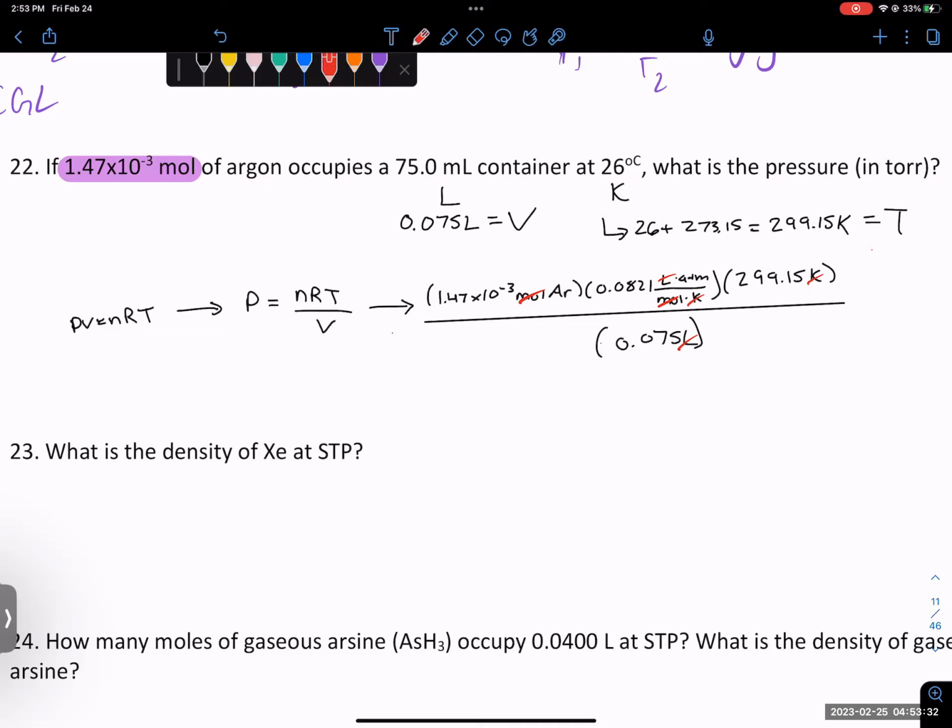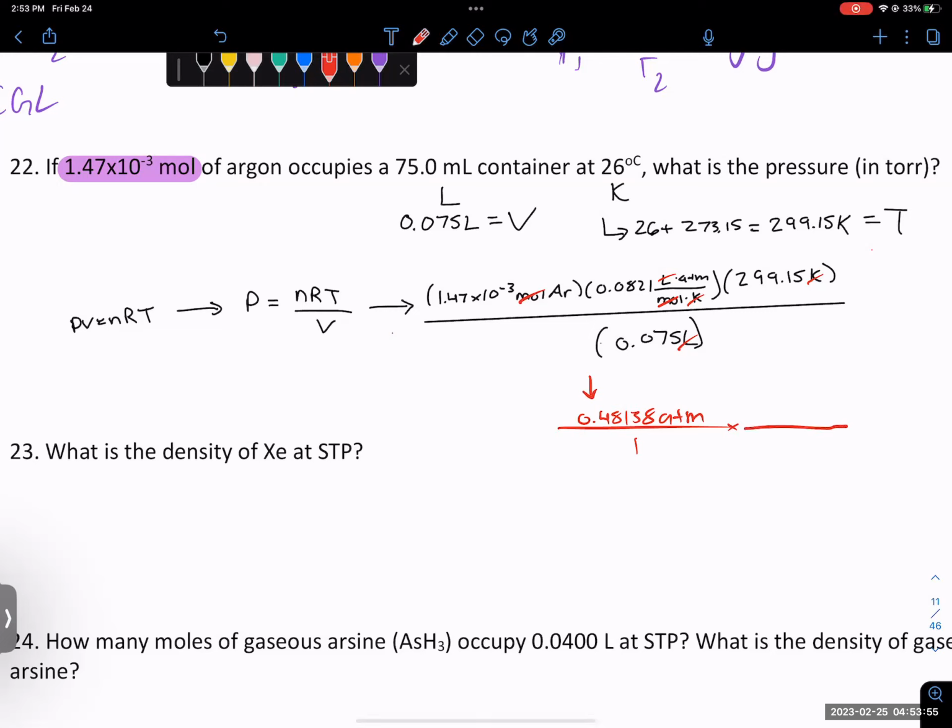Putting this into your calculator, you should get an answer of about 0.48138 atmospheres, which is nice and all, but it's asking for the pressure in what unit? Torr. Thank you, Sydney.